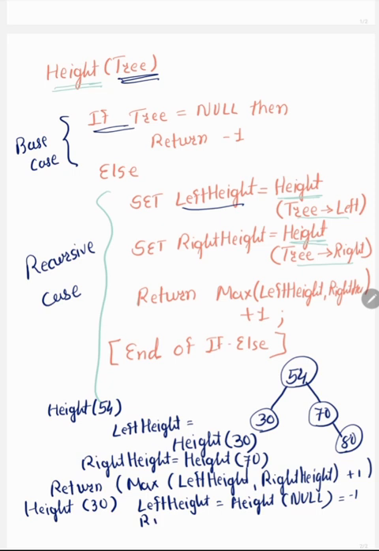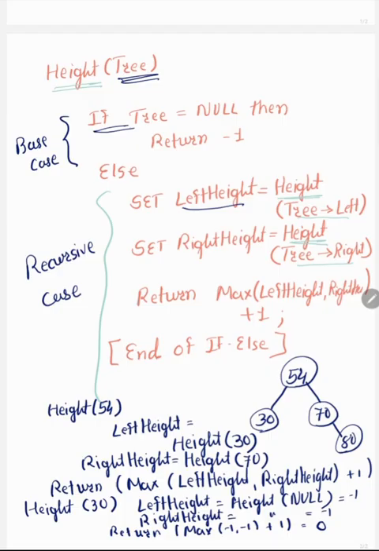Similarly, the right height is again height of null and it will return -1. So ultimately height of 30 will return max of -1 comma -1 plus 1, so that is -1 plus 1, which is 0.